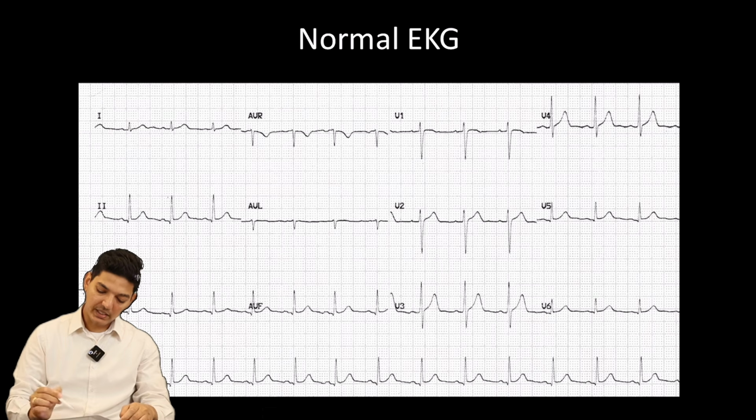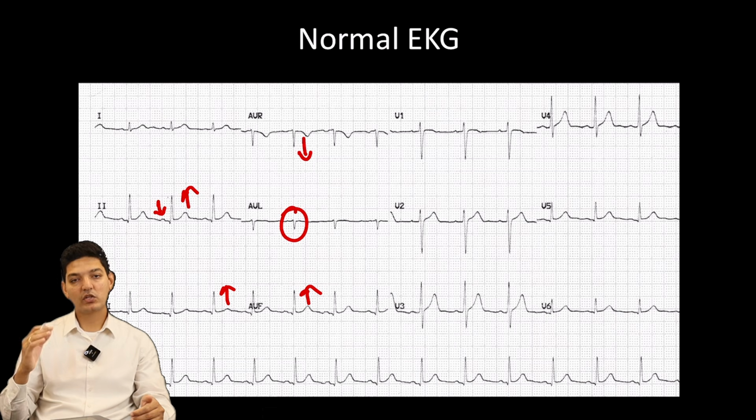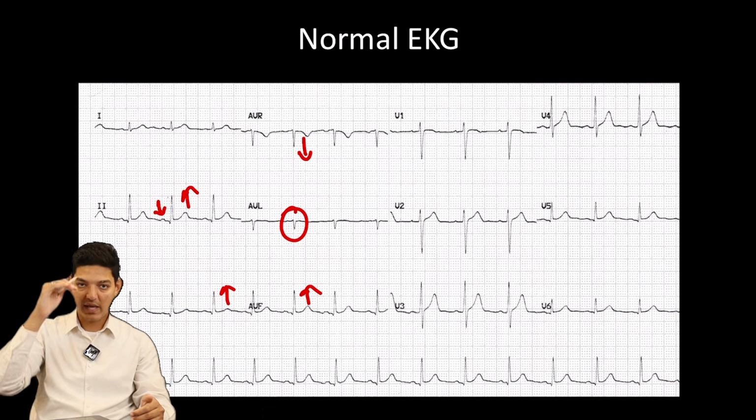So if you look at normal EKG, the P wave is upright in lead 2. QRS is mostly positive in all the limb leads except in the AVR where it is expected to be negative, as we understood before. AVL sometimes can have negative deflection or biphasic QRS based on the direction of the QRS.